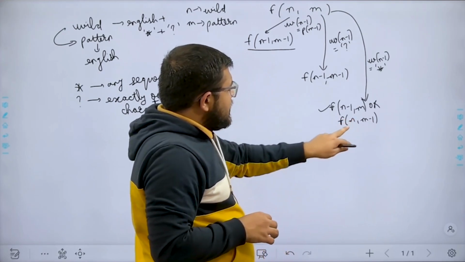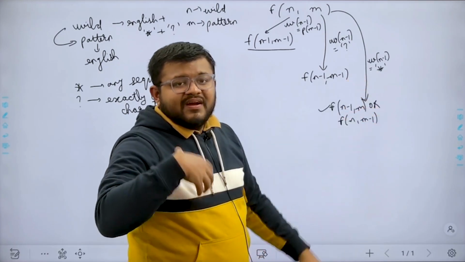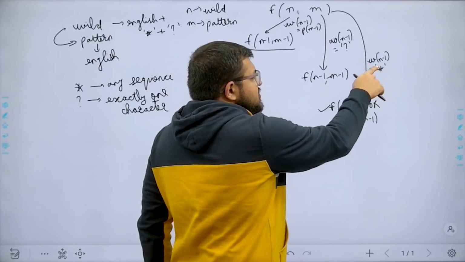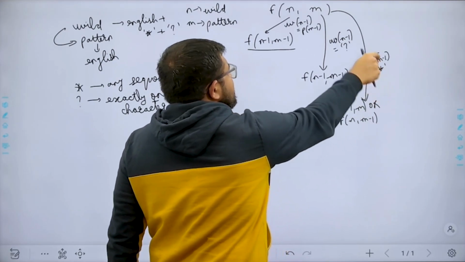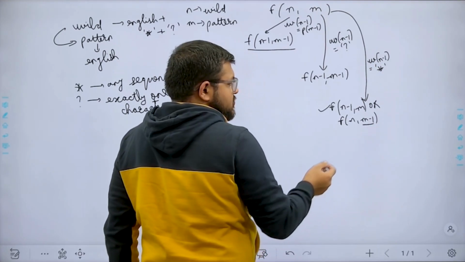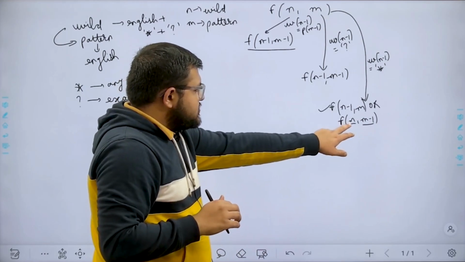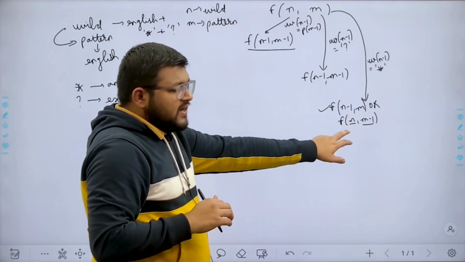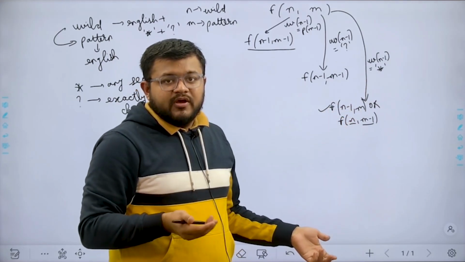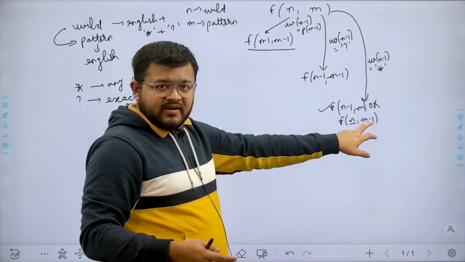Why am I not taking n-1 here? Because this star can contain more than one character, right? So I matched this star, I took one character which was at the m-1th index, and so the length became m-1, but this will still remain n only, because this is not a question mark or a character that decreases the length. This is a star, so I can keep the length as n only, because I can use this star again also for the m-1th character, right?